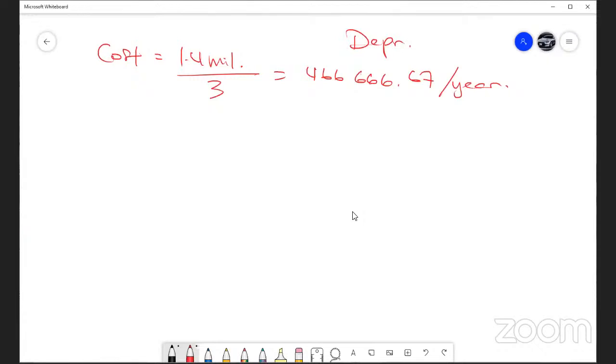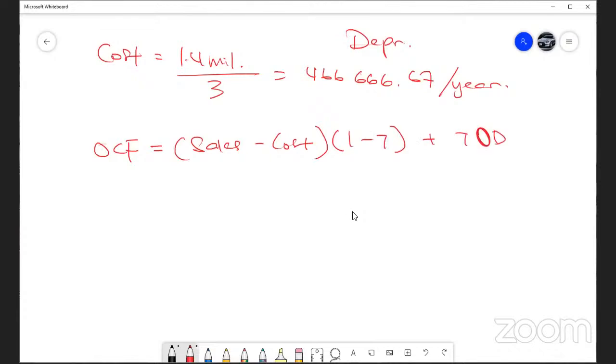This question has no net working capital and so on, so you can straight away use the OCF method that we used on the first question. OCF equals sales minus cost multiplied by 1 minus T, plus tax times depreciation.